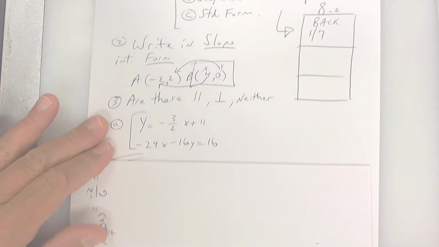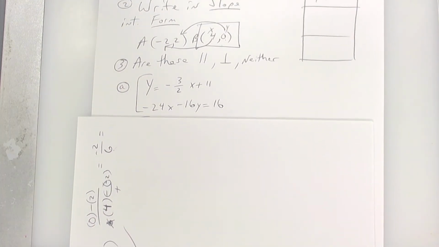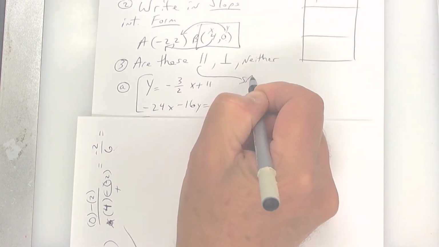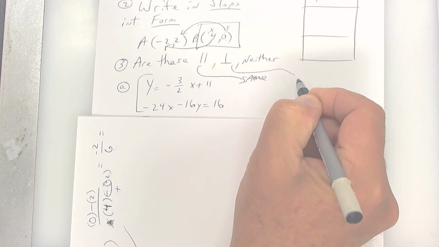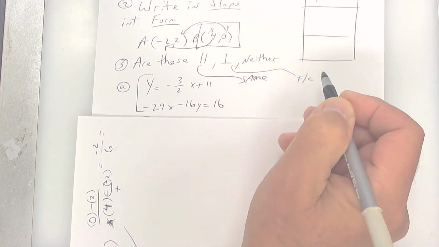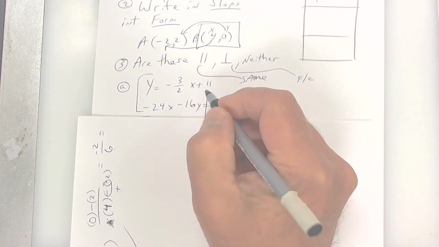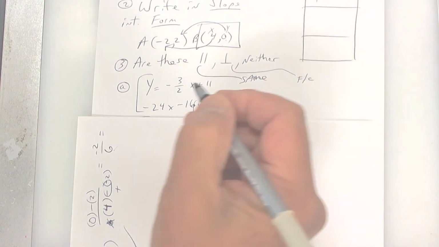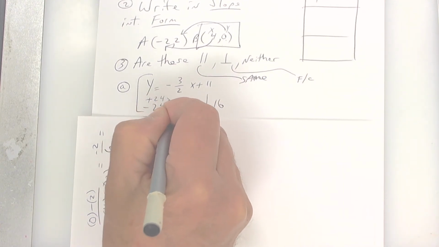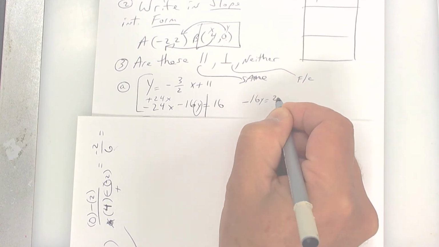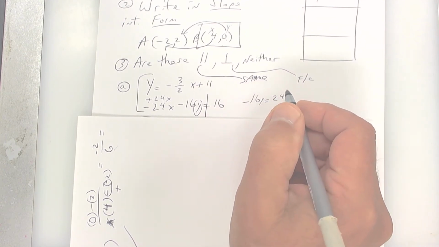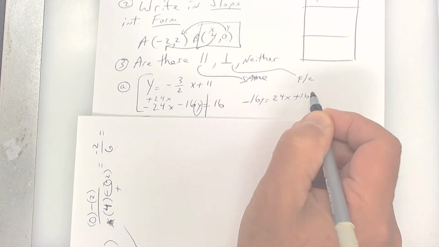Are these lines parallel or perpendicular? Remember, parallel is the same slope. Perpendicular, you got to flip it and change it, negative reciprocal. So here, draw your line, circle the y. So you're going to add 24x to both sides. So you get negative 16y equals 24x plus 16.